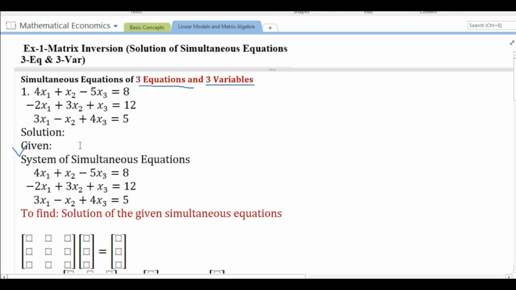Now, the next step is to rewrite the system of simultaneous equations in matrix form. So remember, this is the matrix for the coefficient.